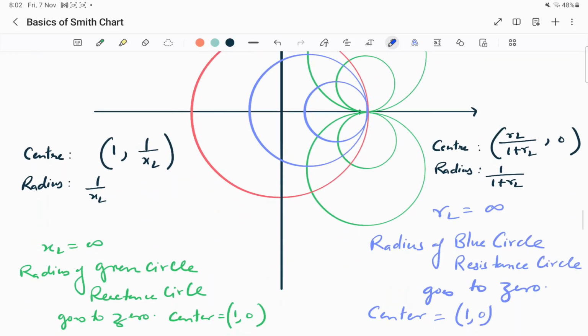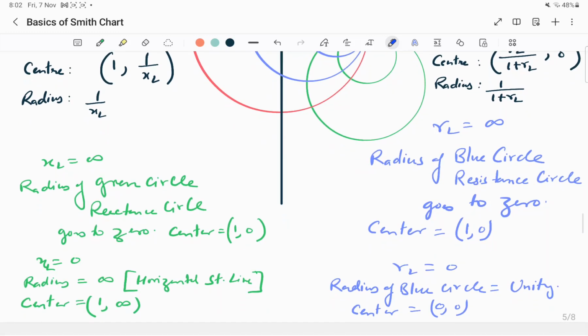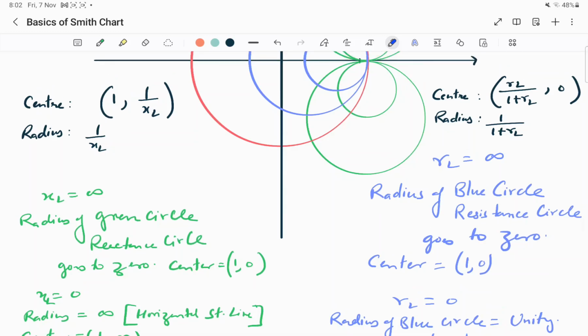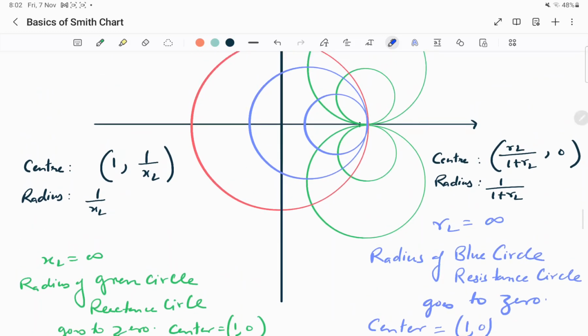Now let us try to put two different values of RL in this equation. So let us choose the blue color circle first. So we know that the blue color circle, which represents the resistance circle, has a center at RL divided by 1 plus RL, comma 0, and radius is 1 over 1 plus RL.